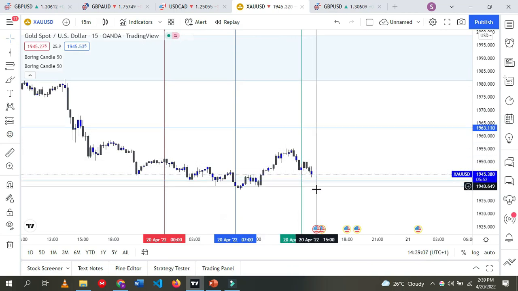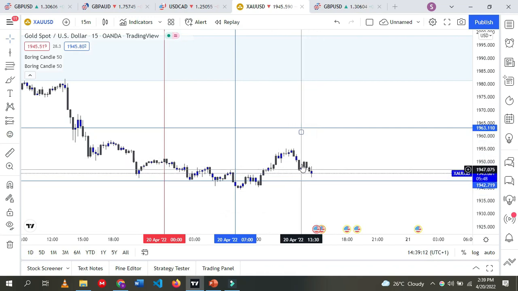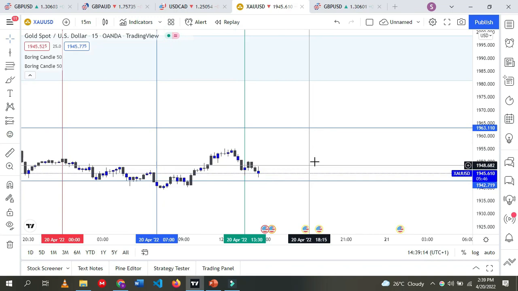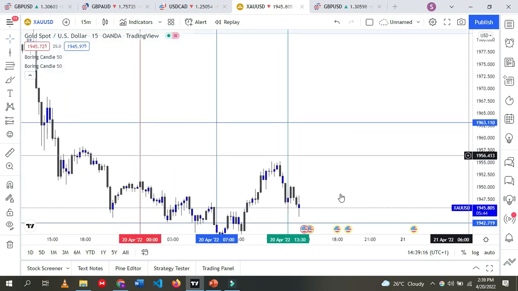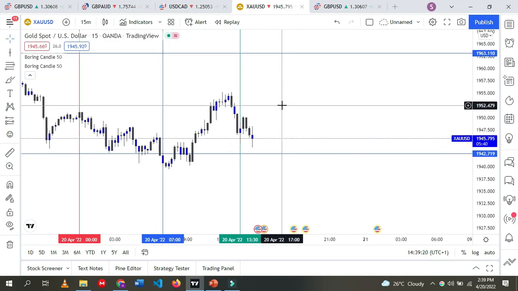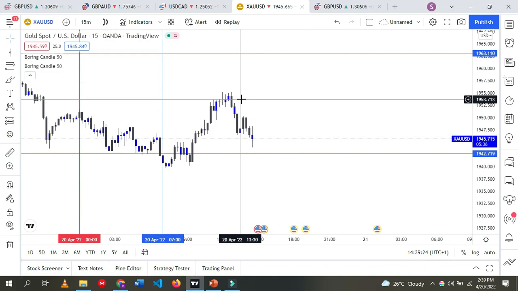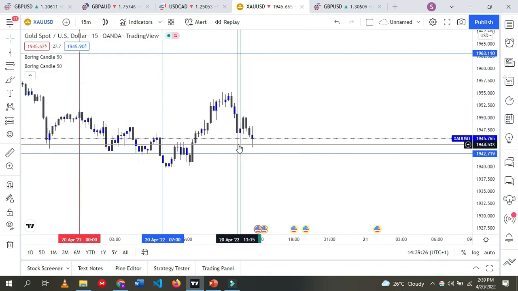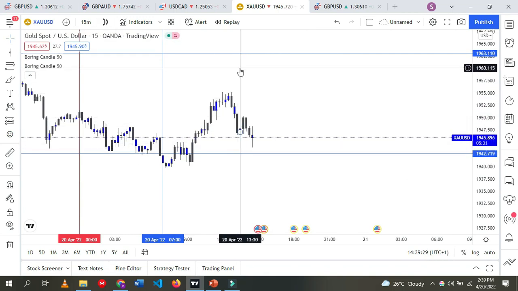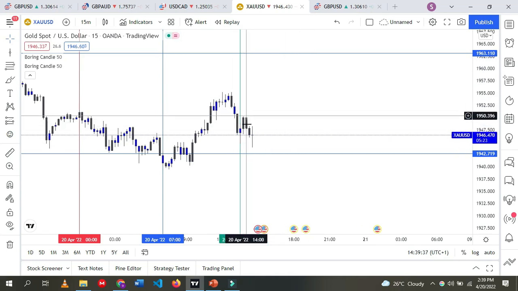Okay, I'm expecting it to break this level because I should have entered it when I saw this massive bullish candle. Because to me, based on my own style of trading, this is when I saw this massive bullish candle and the opening of the New York session, we formed this candle here.